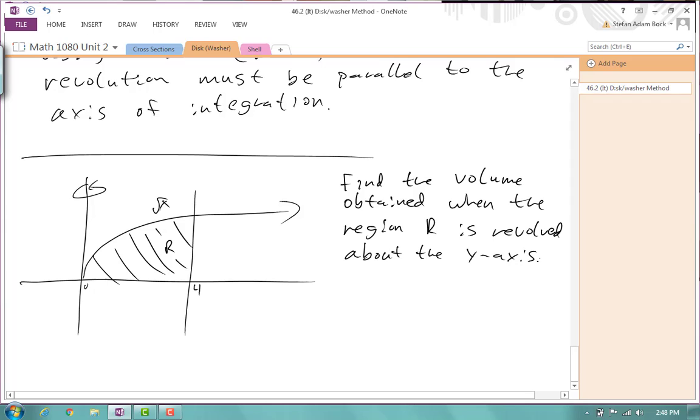So I want to find the volume obtained when the region R is revolved around the y-axis, and this region R is the same as it was before. R is bounded by y equals the square root of x, y equals 0, that's the x-axis, and x equals 4, that's that vertical line over there.